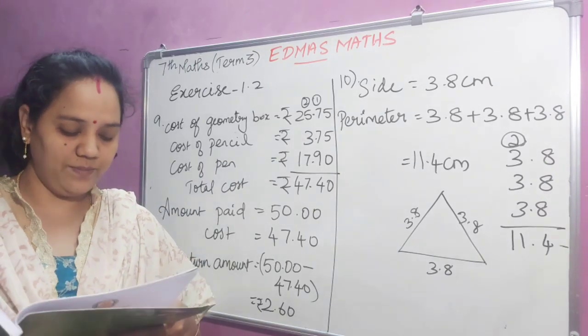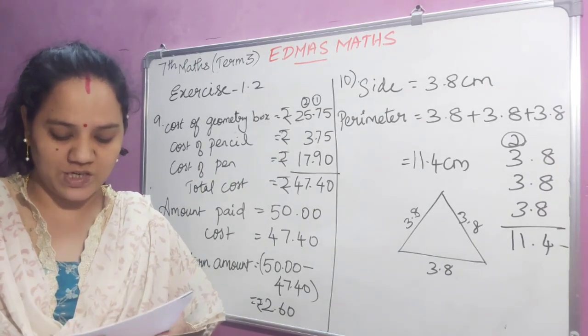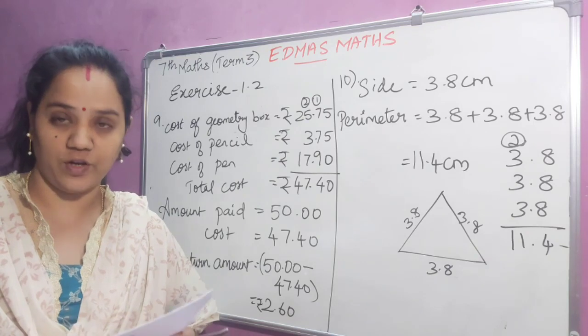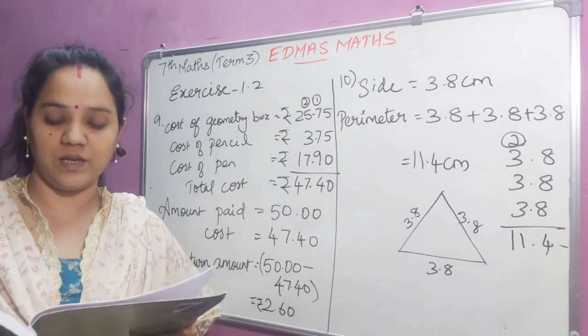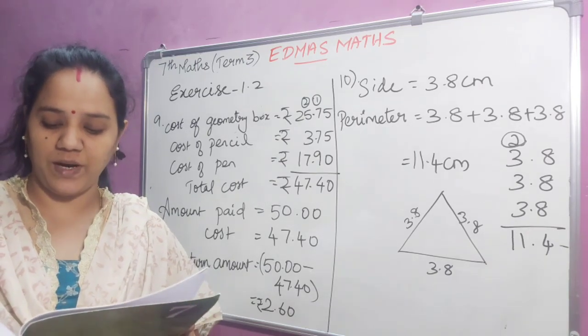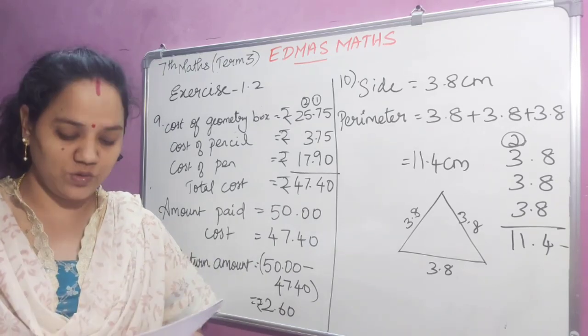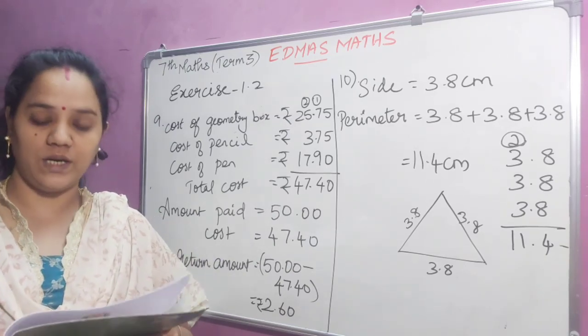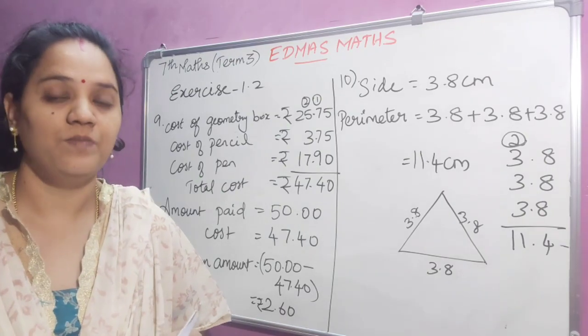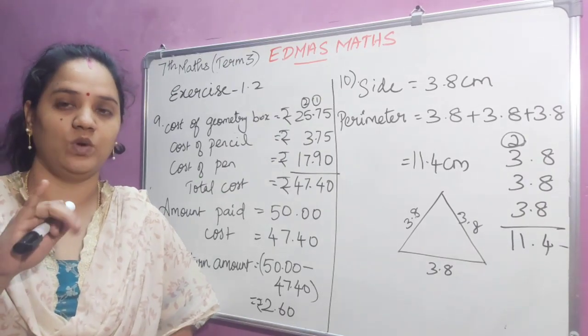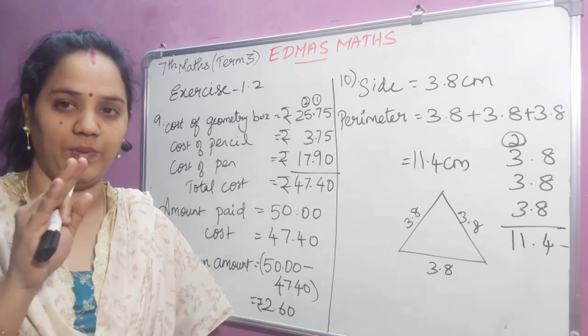So 9th problem. Akilan purchased a geometry box for 25.75 rupees, a pencil for 3.75 rupees and a pen for 17.90 rupees. He gave 50 rupees to the shopkeeper. What amount did he get back? Is it clear? So he bought 3 items, one geometry box, one pencil and one pen.